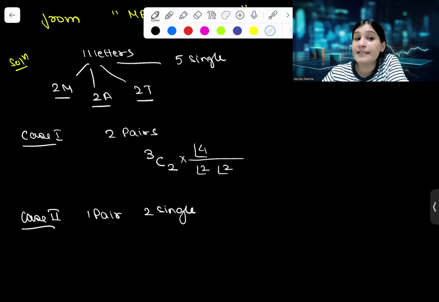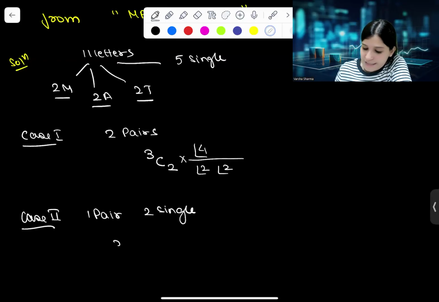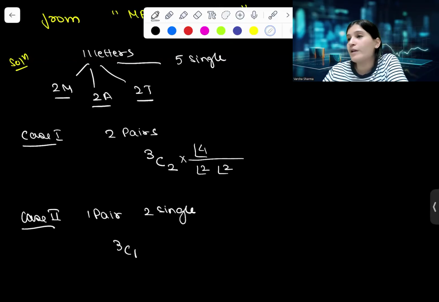In how many ways can I select a pair? There are 3 pairs. I need to select one, so directly 3 ways. Either 2M will be selected, 2A will be selected, or 2T will be selected. So there are 3 ways to select a pair.